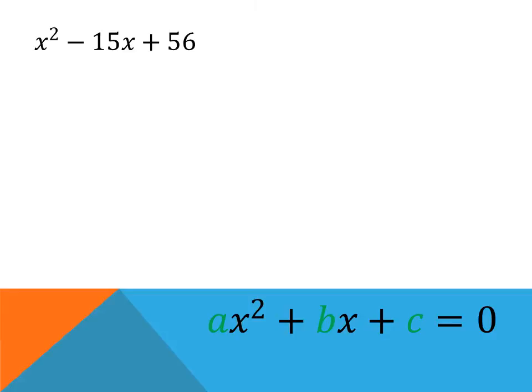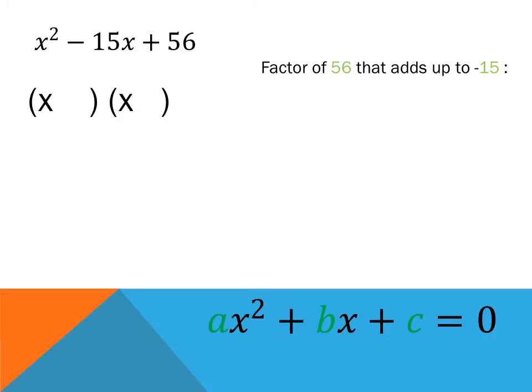Now in this example, go ahead and write your x's down and find the factors of 56 that add up to negative 15. Since 56 is a large number, I started with 1, 2, and then 3. Since 3 does not quite divide into 56, go to the next one.